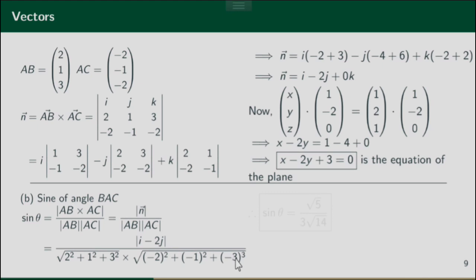When we do the maths, it gives us root 5 divided by 3 root 14. So you can go back and try to evaluate this to verify the answer.